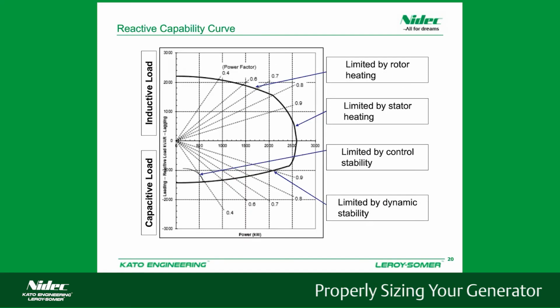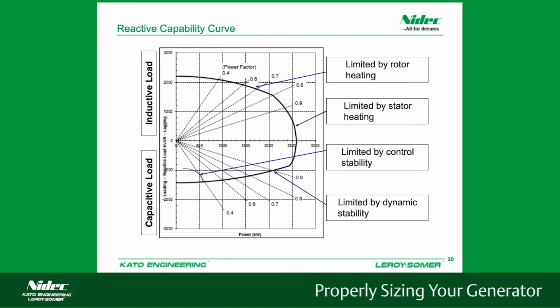So here we have a reactive capability curve. And you can see for the inductive load where most generators operate, once we get below that 0.8 power factor where this particular unit would be rated, we become limited by the rotor heating.